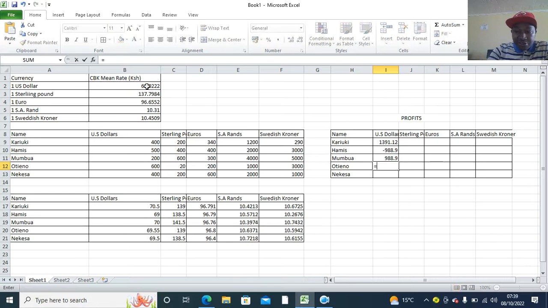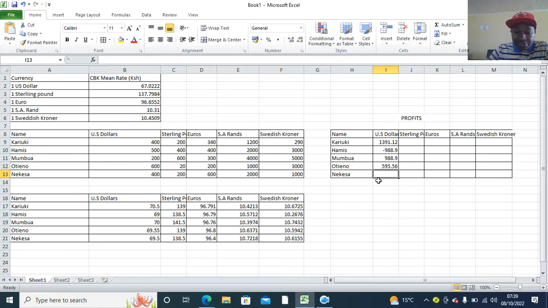For this one equals, open the bracket, that is for the next guy, 200 multiplied by 70 minus, open the bracket, the same 200 multiplied by the US dollar, like that.